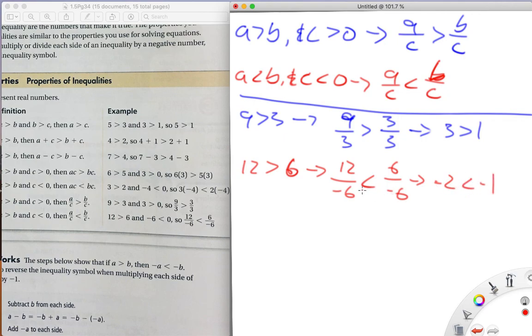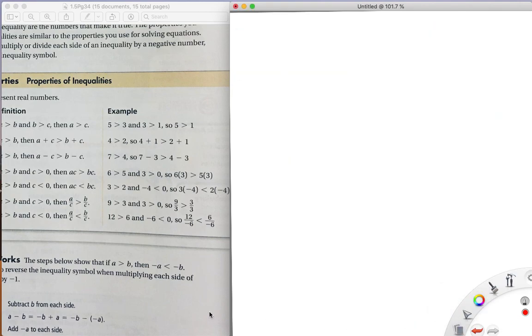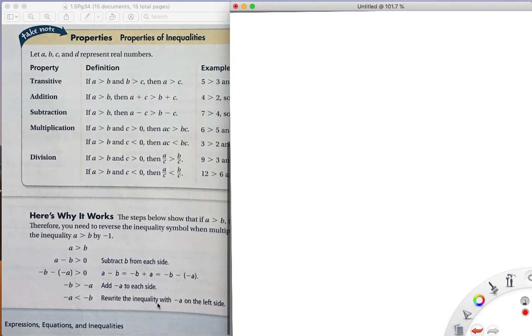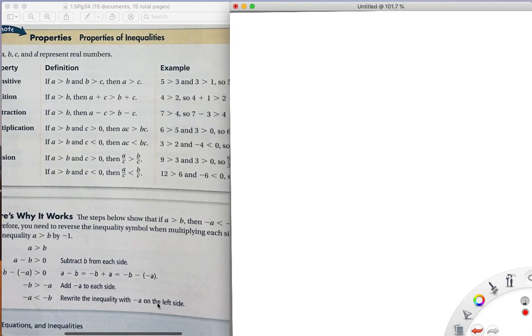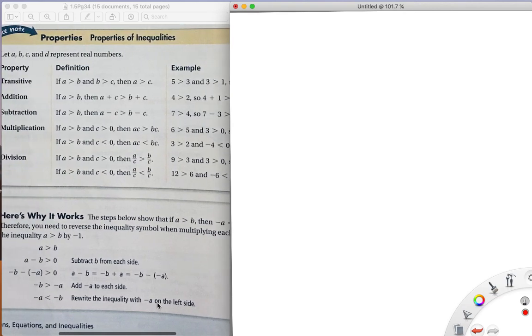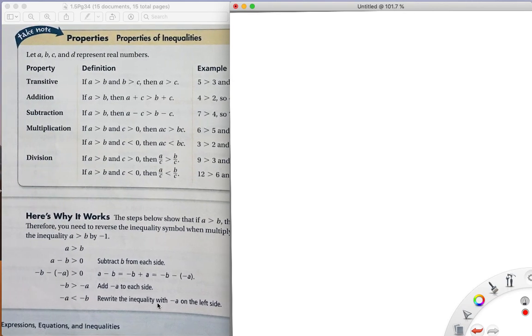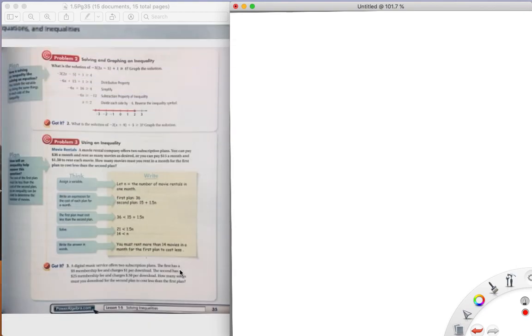So when you divide or multiply by a negative number, the inequality is going to switch sides. They give you a reason why, but I'm not getting into that.